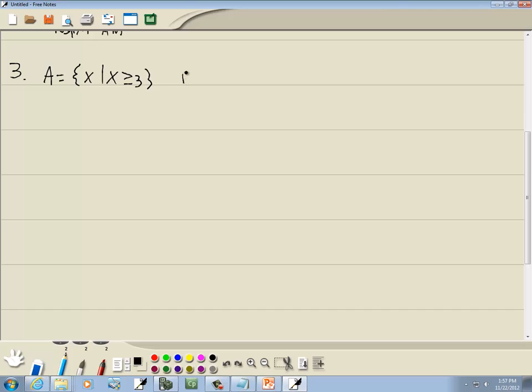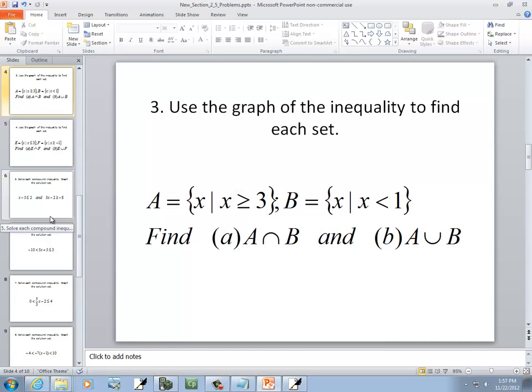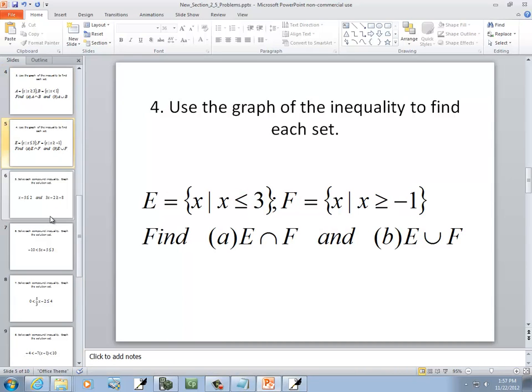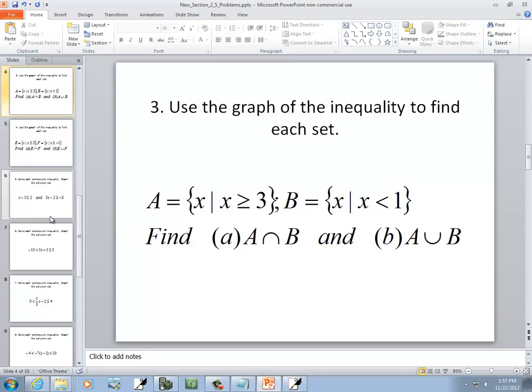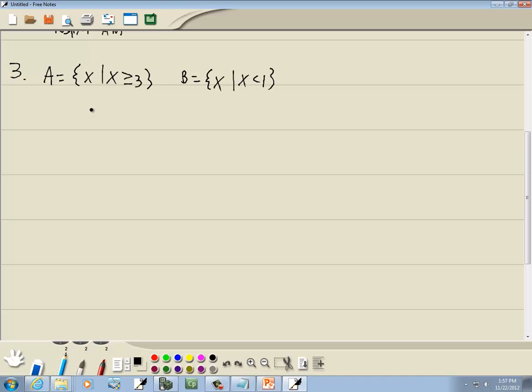And B is the set of all x values such that x is less than 1. And I think this is the same one we have for number 3 and number 4. Yes, it is. No, I'm lying to you. They're different. Oh, I see. Parts A and B here. Well, let's graph this first.